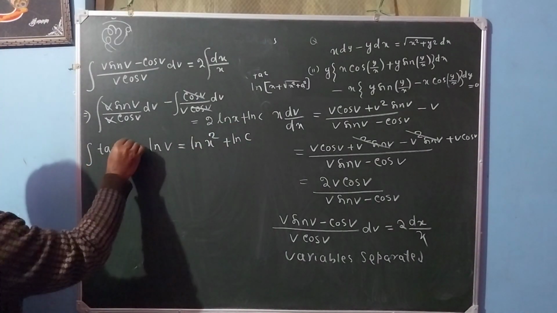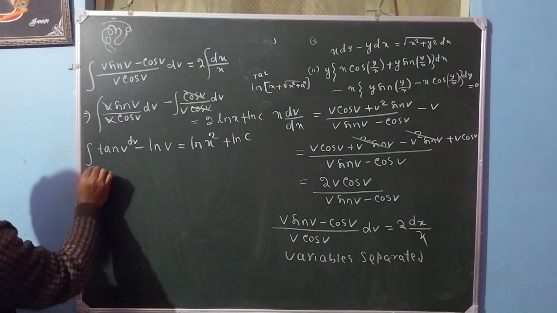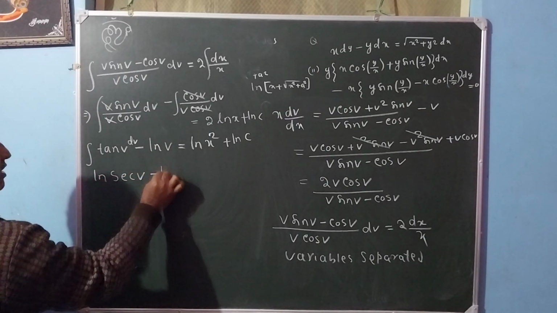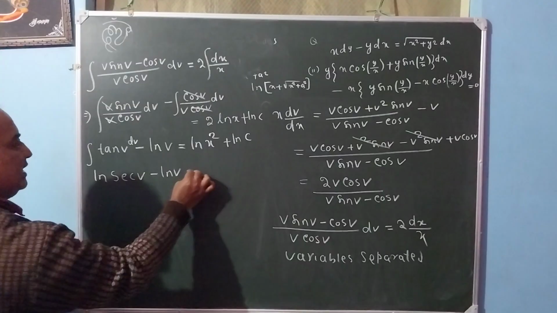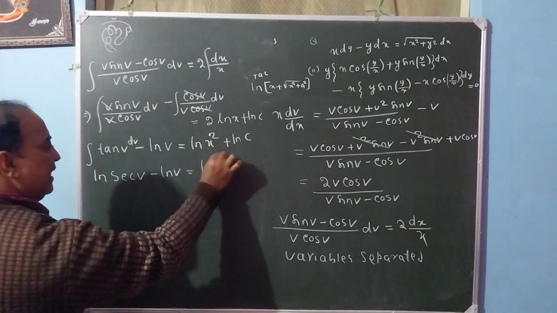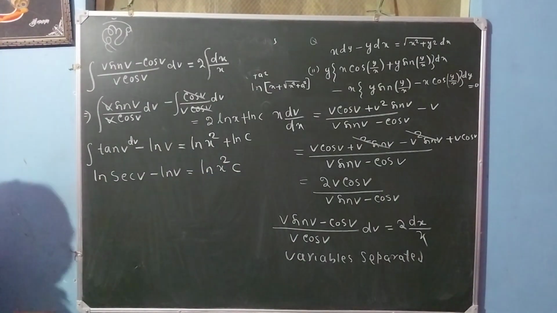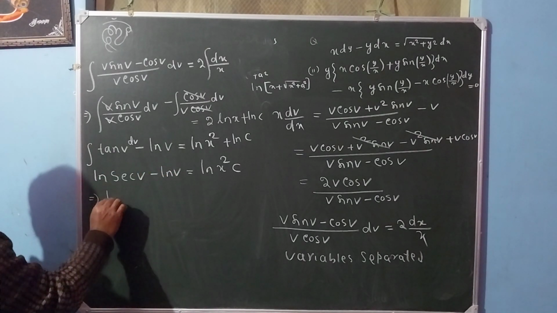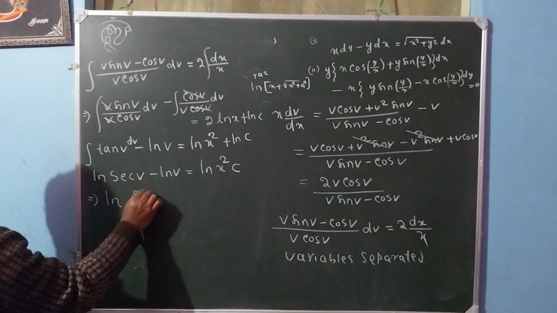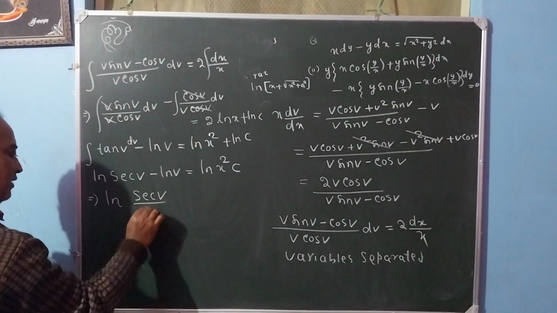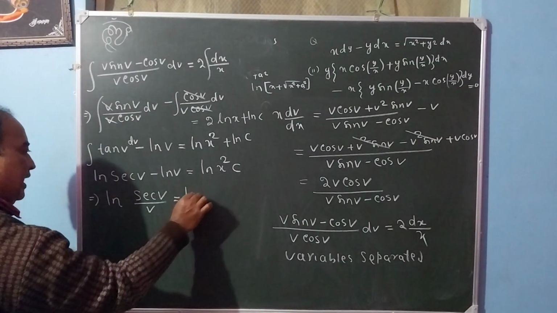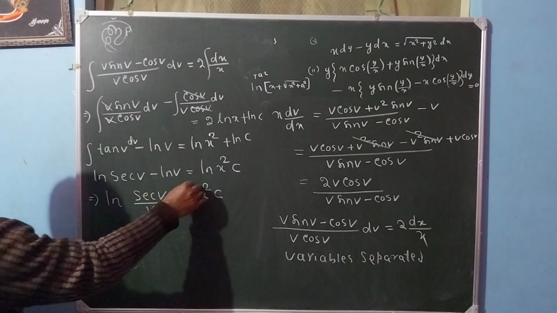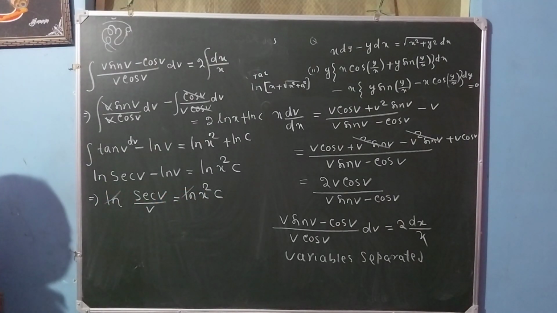So ln sec v minus ln v is equal to ln of x square into c. ln A minus ln B is ln A by B, so ln of sec v by v is equal to ln of x square into c. So ln cancels on both sides.